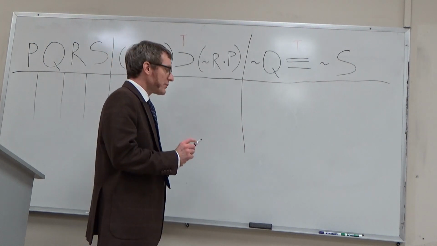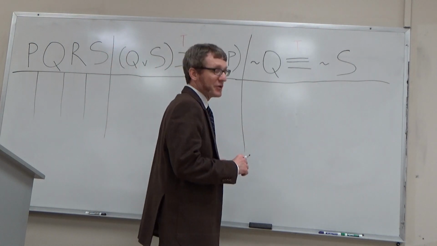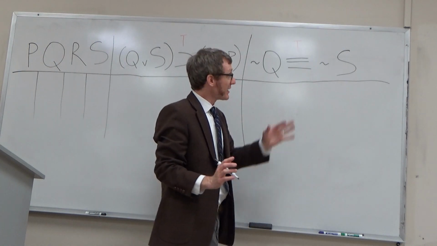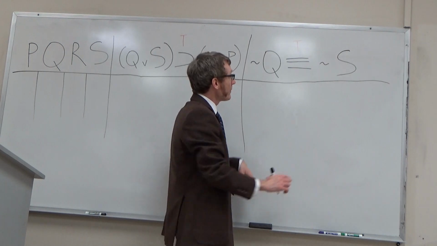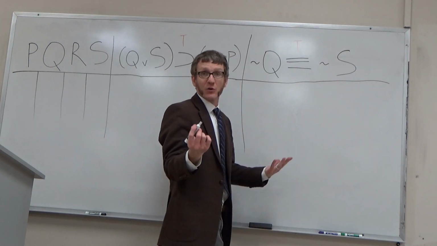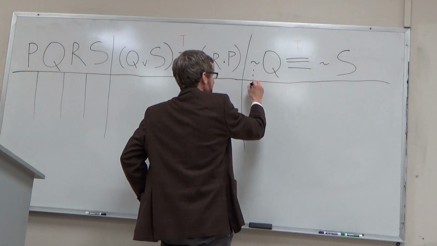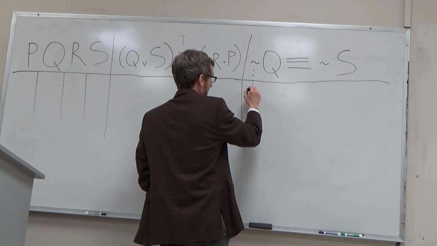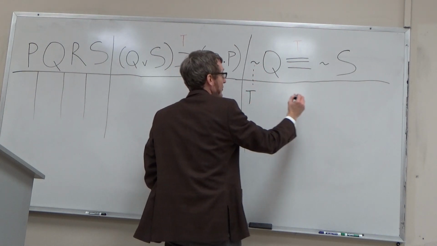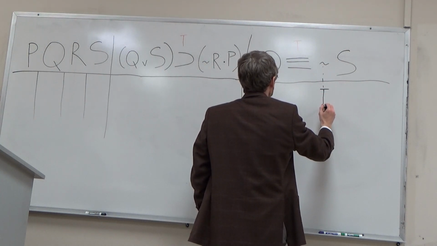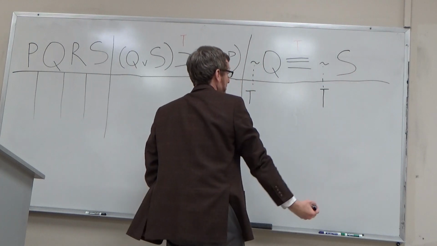Okay, in order for a triple bar to be true, either both sides can be true, that'll make it come out to be true, or both sides can be false. So I'm going to work through both of those. I'll make not Q true, that's going to be one line, and not S will be true.